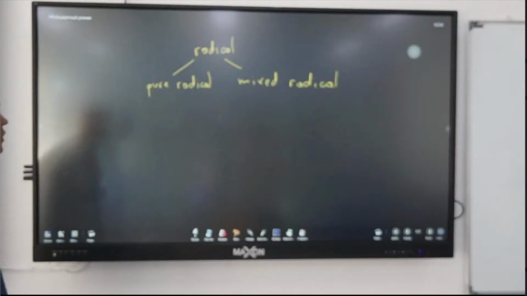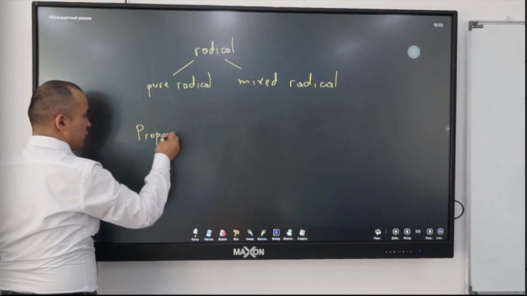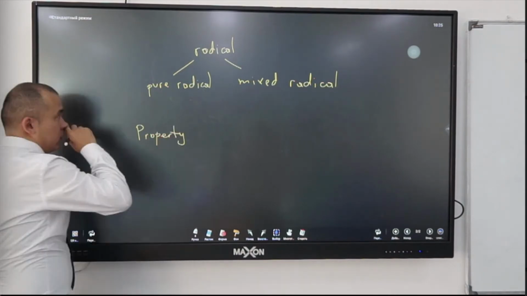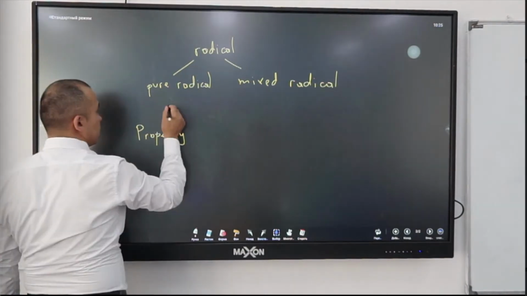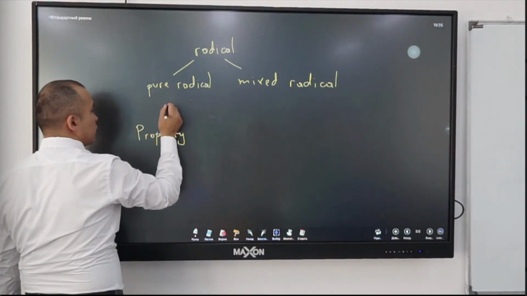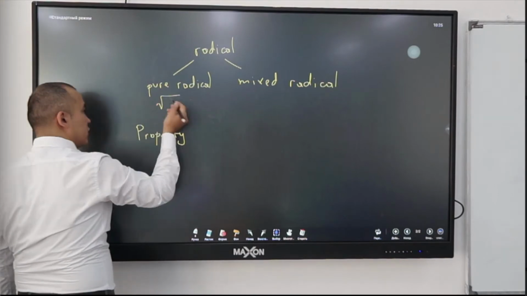Let's write the property. What is a pure radical and mixed radical? Pure radical is the numbers under the root that we can convert into a number.